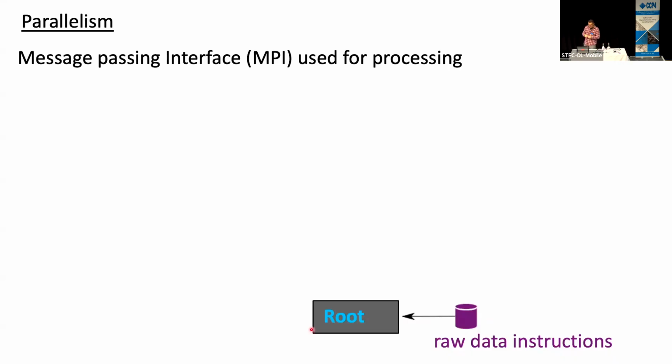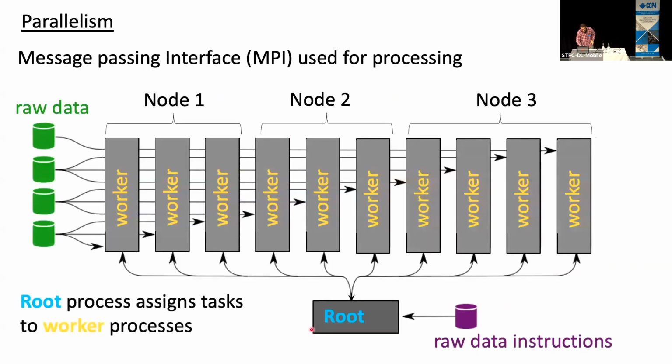And this just says, for example, shot A is in file X on server, whatever, so that the root can then distribute work to workers. This is sometimes called the master-worker or root-worker paradigm. There's all kinds of names for it. But basically the workers process an image and then ask for another one from the root, and then the root hands them out.